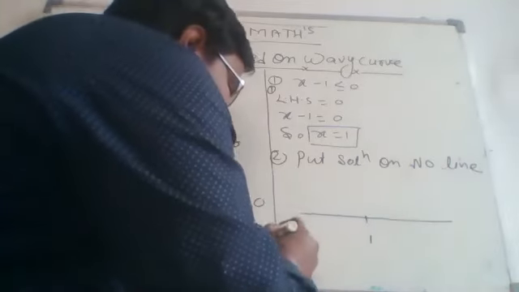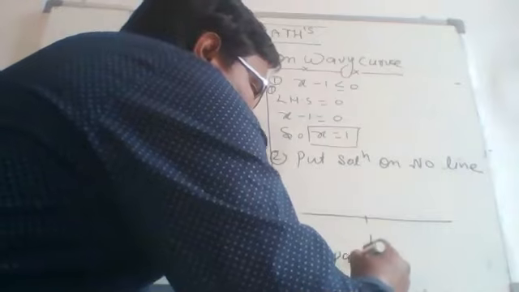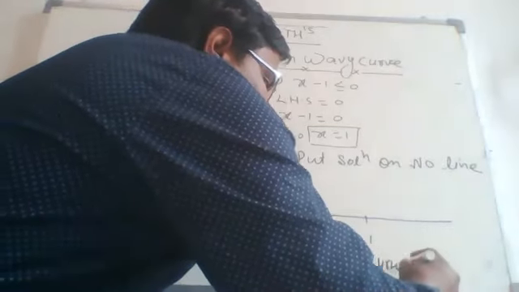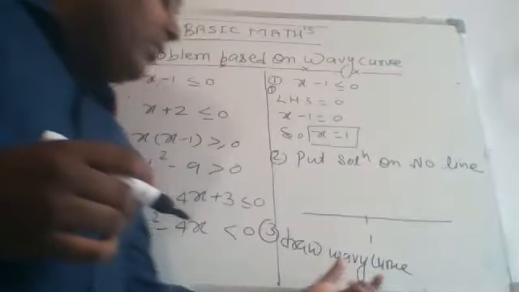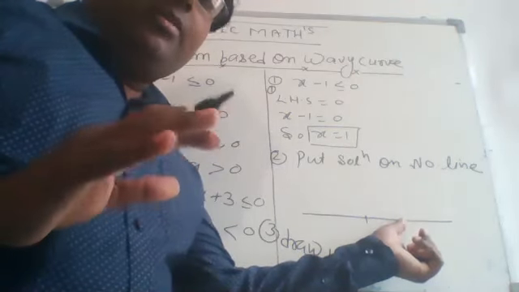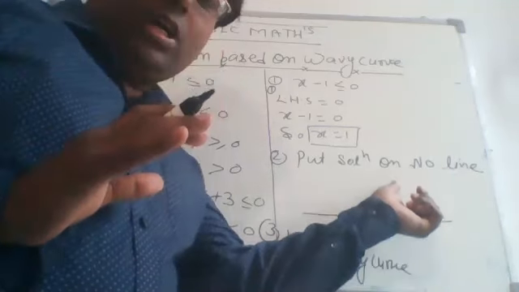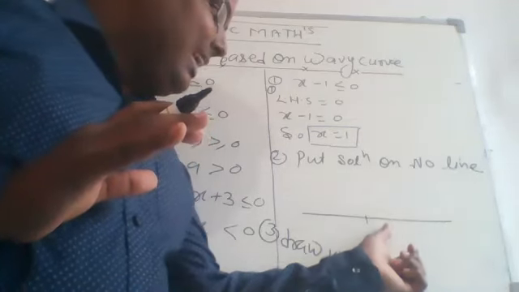Now step number 3, draw the wavy curve. We will draw the wavy curve. And how do we draw the wavy curve? Right to the rightmost solution, as given in the notes and also told yesterday: right to the rightmost solution and above the number line. We start from here.